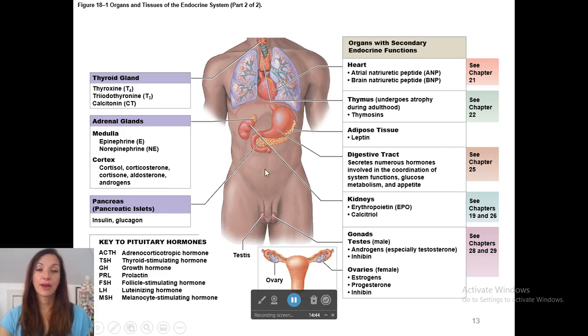Then as we go down, we have the gonads, so the testes for a male, and we know that the testes are going to be releasing testosterone and other androgens. Then we have the ovaries, which, as we've talked about already, release estrogen. So for these organs, we say they have secondary endocrine function. Their primary function would be in the other systems that they are involved with, and you can see which chapters will be covering those later on.